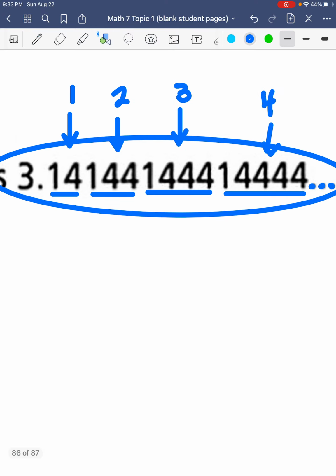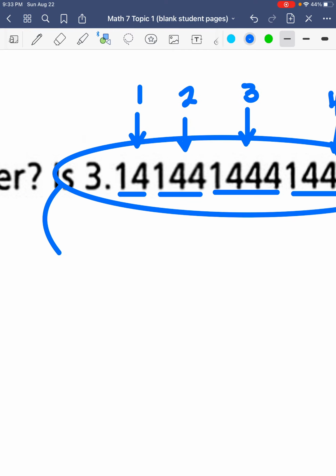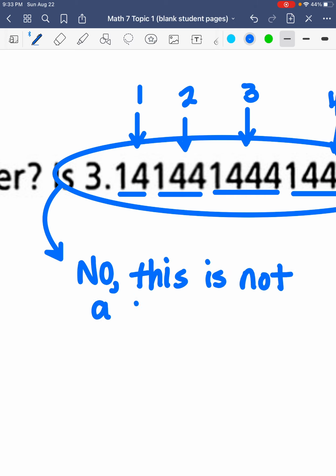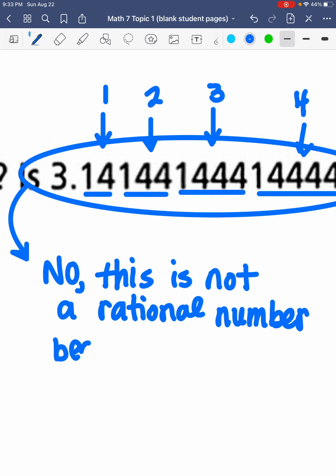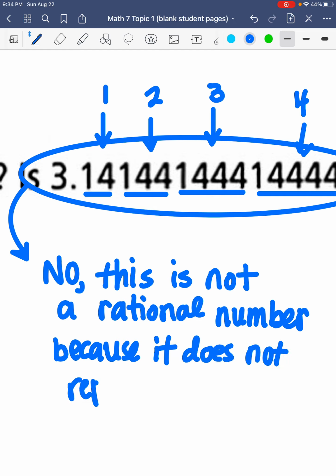So, to answer the question, no, this is not a rational number because it does not repeat or terminate.